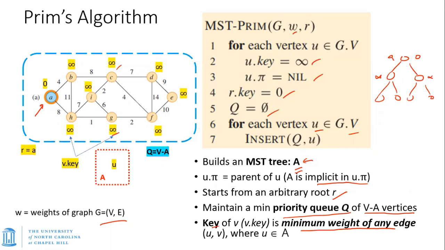So what we should do is look at the adjacencies of the root node. We should look at 4 and 8, which are the two adjacent vertices, the adjacencies of A, and then we should look at the least cost edge.